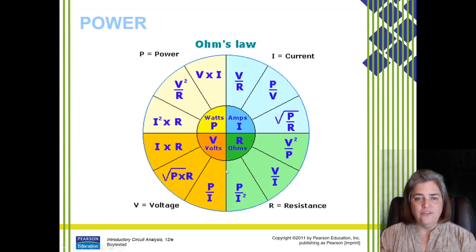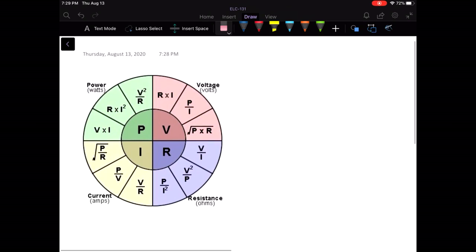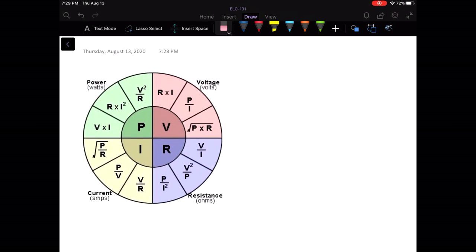And I'm going to go back to our Ohm's law wheel here and explain where a lot of these equations came from. Let's look at the Ohm's law wheel again, and this time let's think about where these equations have come from. So they came from two main formulas.